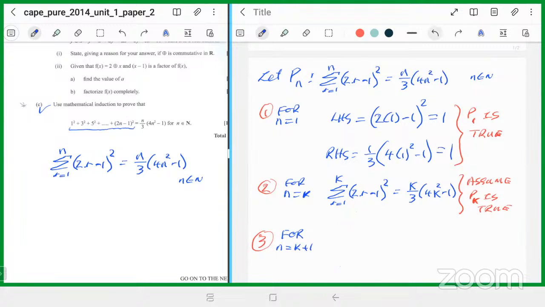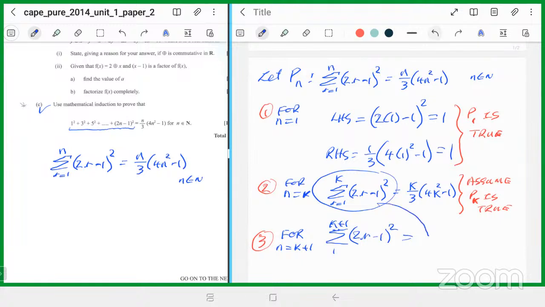So let me write it out. The sum from 1 to k plus 1 of the same expression, 2r minus 1 squared, becomes equal to the sum to k.